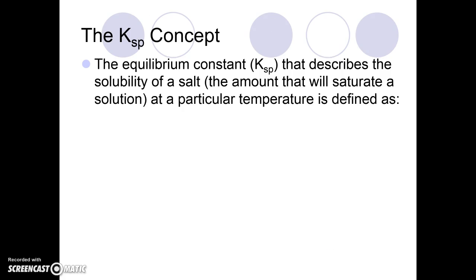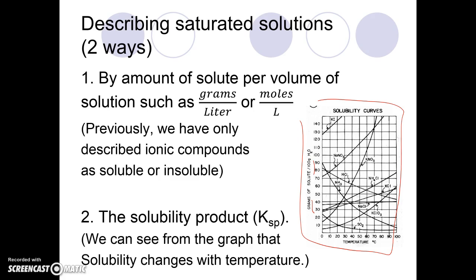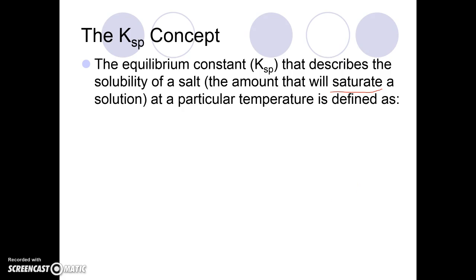The equilibrium constant, Ksp, describes the solubility of a salt, the amount that will saturate a solution. So we're talking only about the point of saturation. These are saturation lines, so we're talking about the saturation at a particular temperature. It's defined this way.